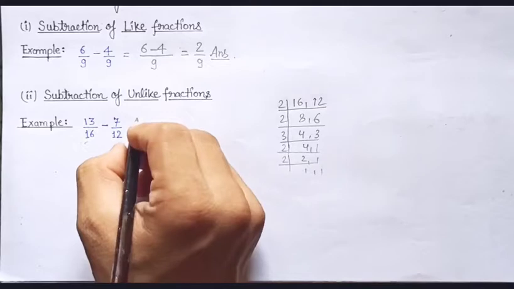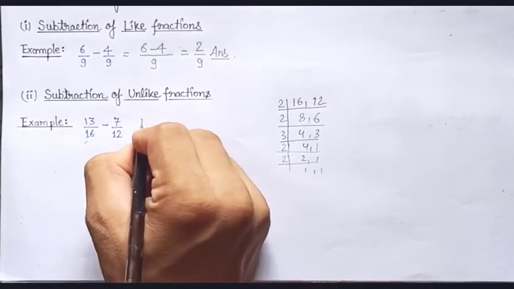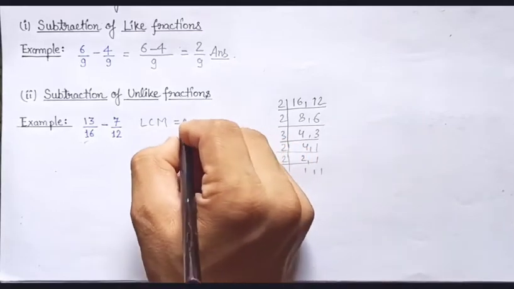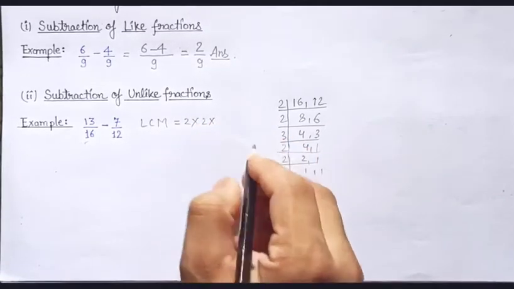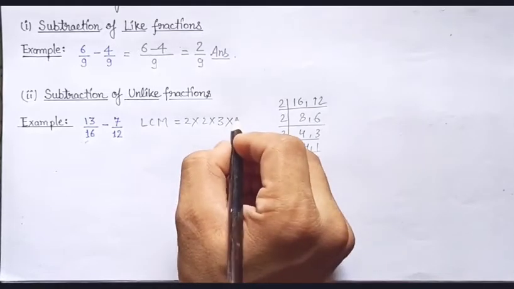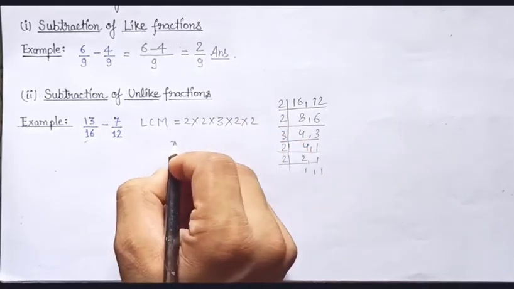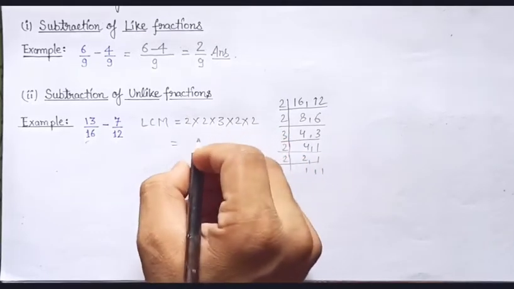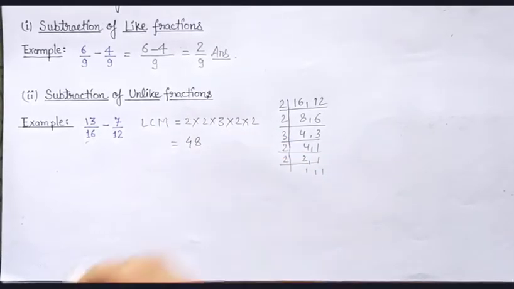Okay, so the LCM is equal to what? 2 into 2 into 3 into 2 into 2. So it comes out to be 2 into 2 is 4, 4 into 3 is 12, 12 into 2 is 24, 24 into 2 is 48. So our LCM is 48.